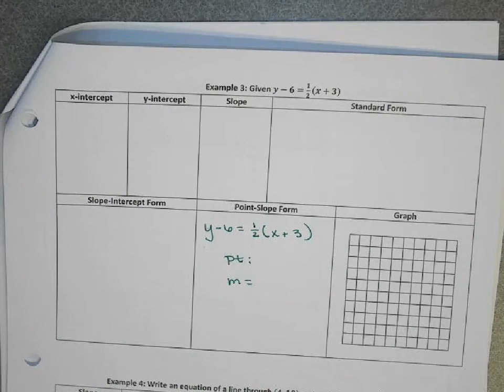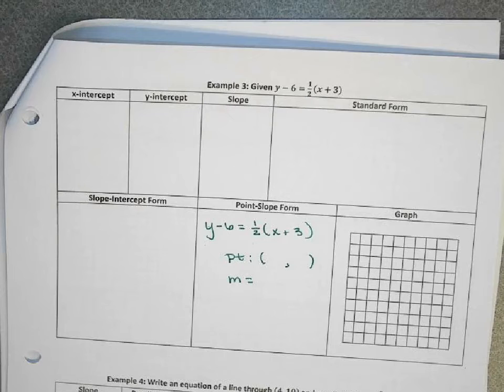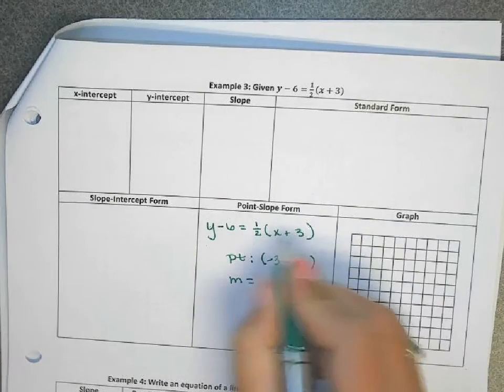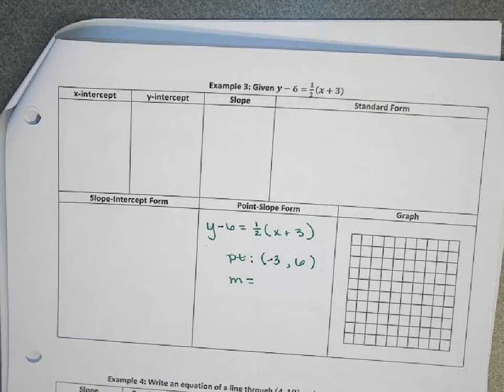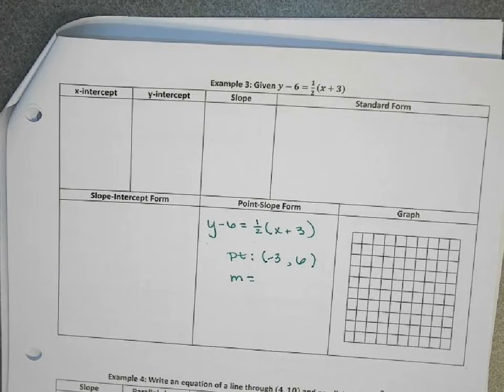So what point was used to write this equation? Remember, they show up opposite in the equation than they do in the actual point. Go ahead. -3, 6. Yes, -3, 6. So your x is with your x, but shows up opposite. Your y is with your y, but shows up opposite. Okay? And what is the slope? Positive 1/2.